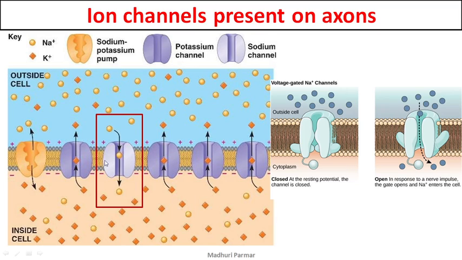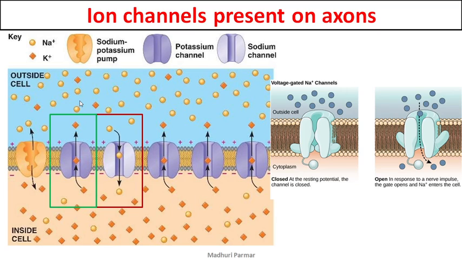Fine. Now let us look at another channel, which is the potassium ion channel, shown here. You can see that the potassium ion, which is shown in this square or diamond shape, is concentrated inside. So its intracellular concentration is high. These potassium ions will move from inside the cell to outside.